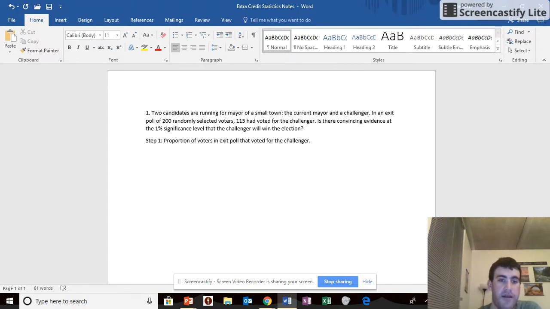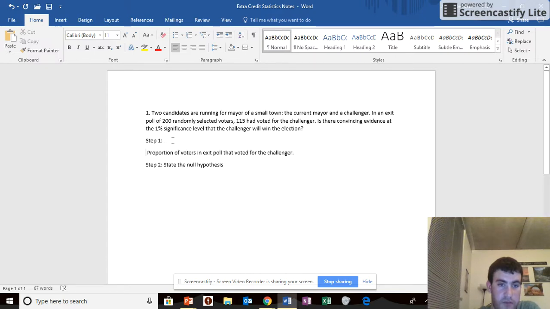Now that that's identified, step 2 is to state the null hypothesis. Actually, let's go back and label the first step, which was to describe the population parameter being tested. The symbol for the null hypothesis is H0.